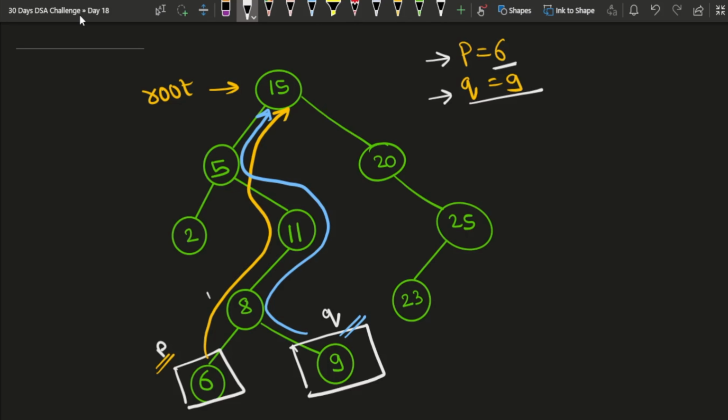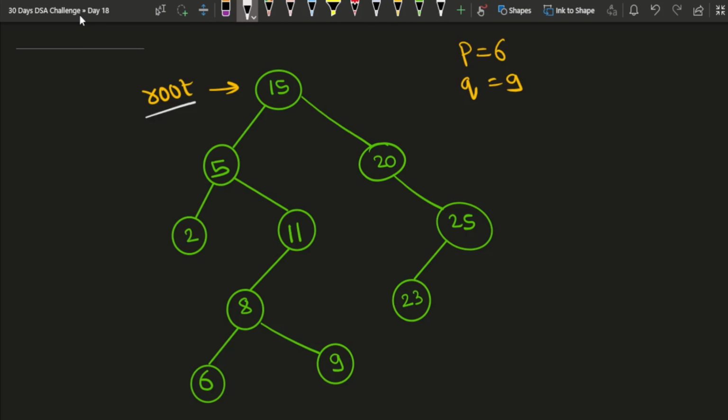So here you can clearly see that this node number 8 is coming into both the paths, right? This node 8 is common in both the paths, and this node number 8 is the first node which is common. Therefore, this node 8 is our lowest common ancestor. So we need to find out this node 8, right? So now let's think of how we are going to do that.